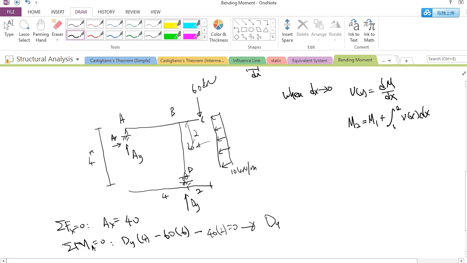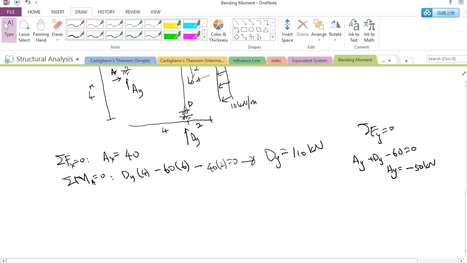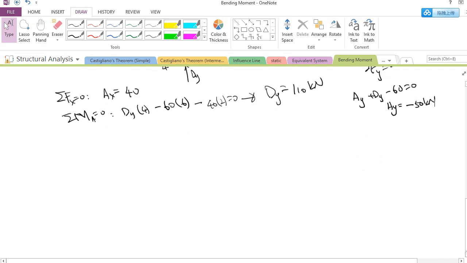From here we know that Dy equals 60 times 6 plus 40 times 2, divided by 4, which is 110. Okay, 110. So from the summation of Fy equals 0, we know that Ay plus Dy minus 60 is equal to 0, so Ay is negative 50 kilonewton. Okay, we can start to draw our shear force diagram first.